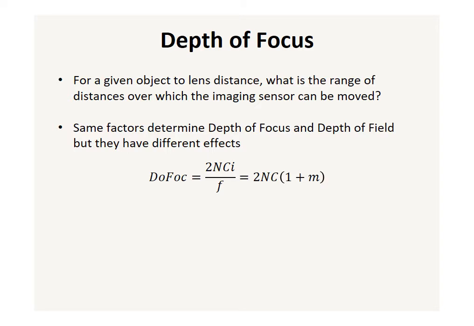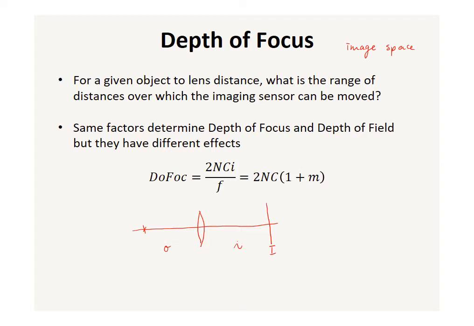So the concept of depth of focus is kind of the image space equivalent of the depth of field. We have the situation now where we have an object and a lens distance that is fixed, O. We know that at a distance I away, we will have sharp imaging of that object point in the image plane.